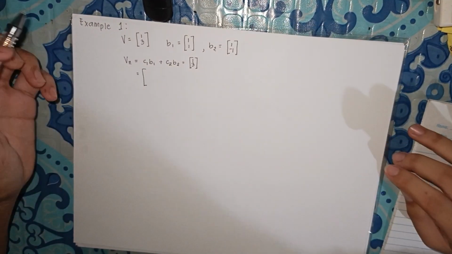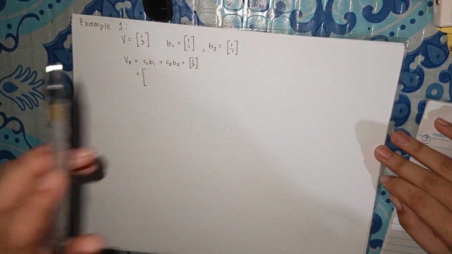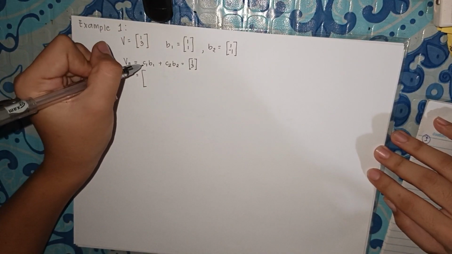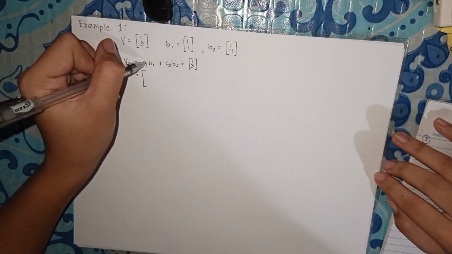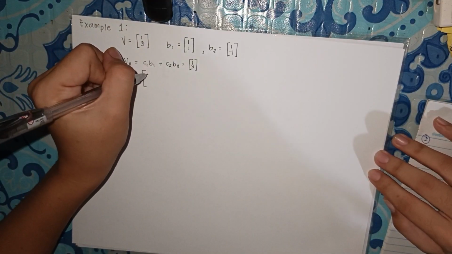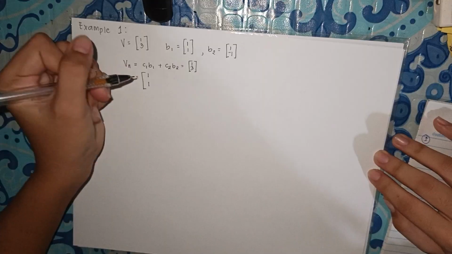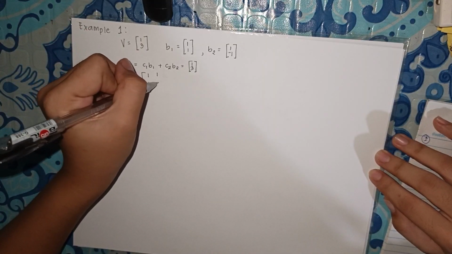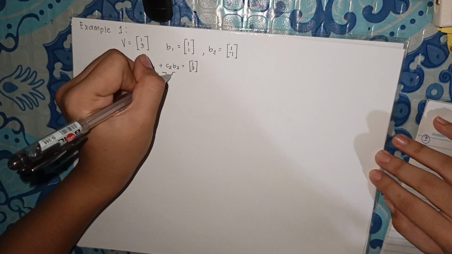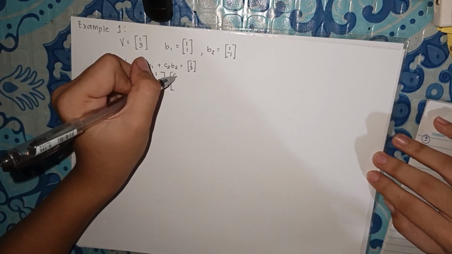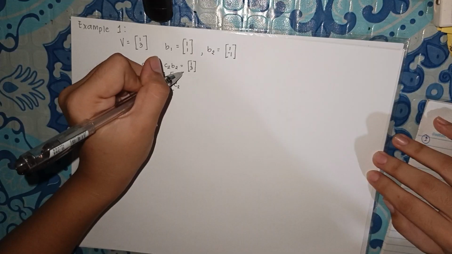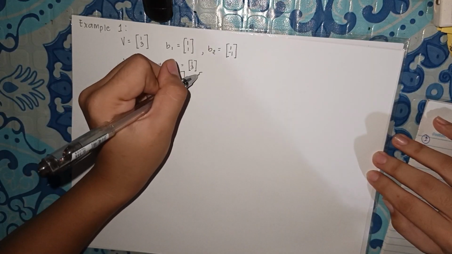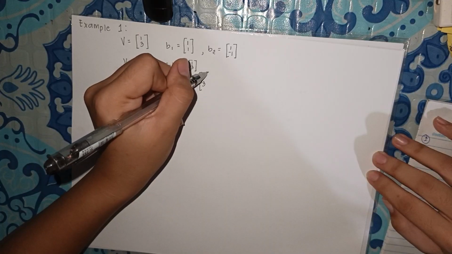So next, we combine basis 1 and basis 2 and also the scalars 1 and 2. So basis 1 is (1, 1) and basis 2 is (1, -1), times scalars 1 and 2, is equal to (1, 3).